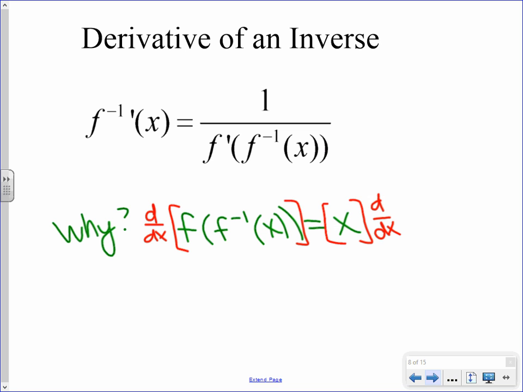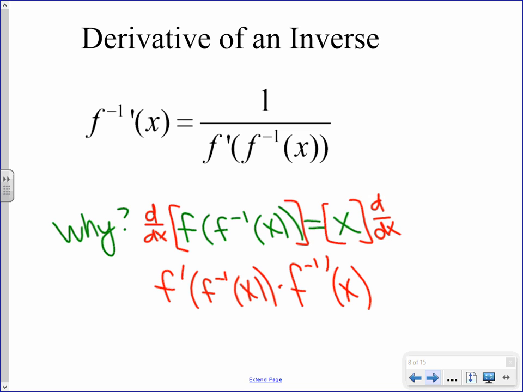Okay. What are we going to have to use to take the derivative of f inverse? Oh man. Chain rule, right? Derivative of the outside, leave the inside alone, times the derivative of the inside.